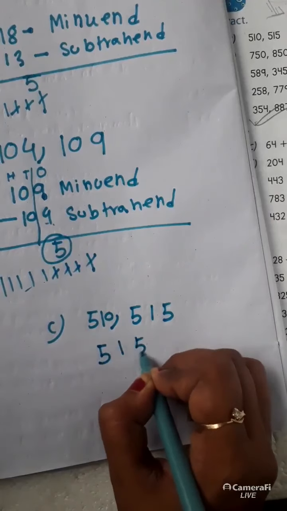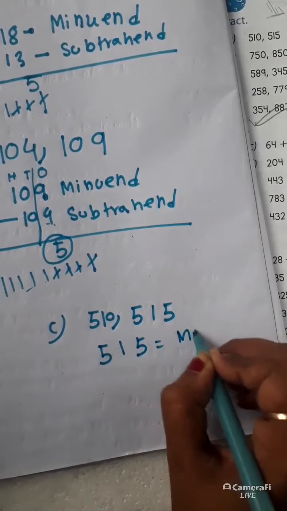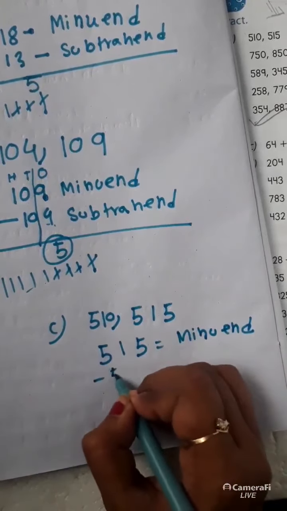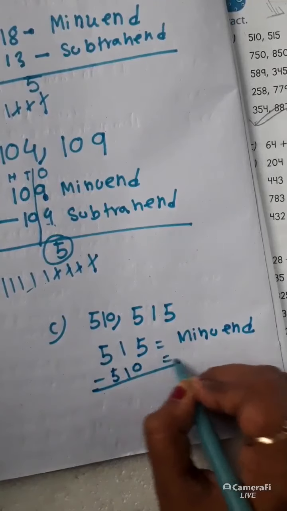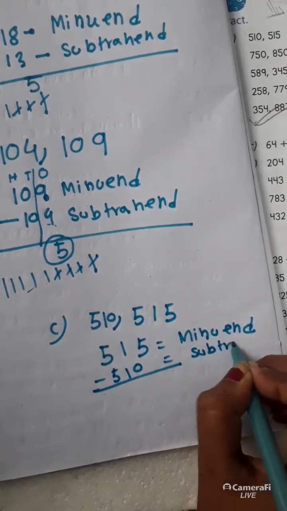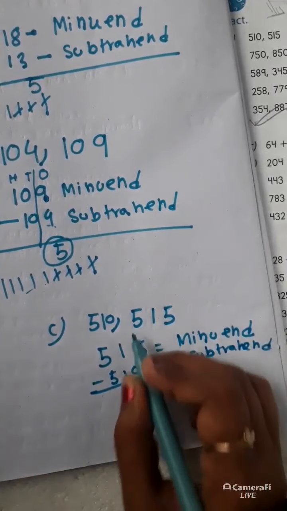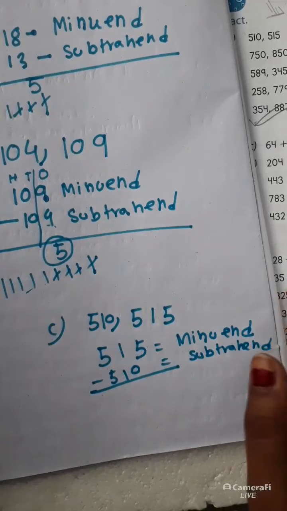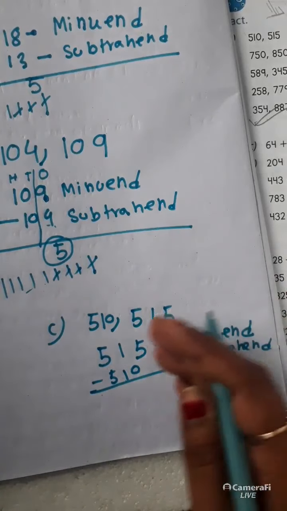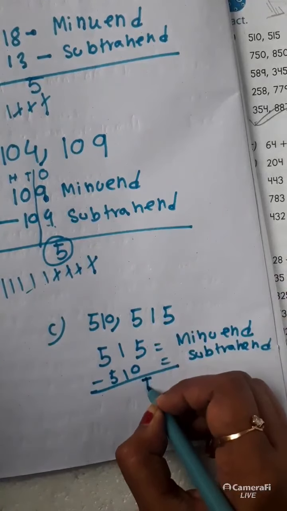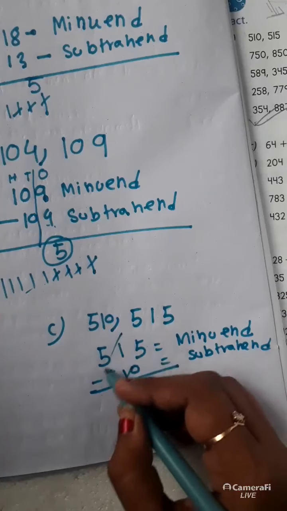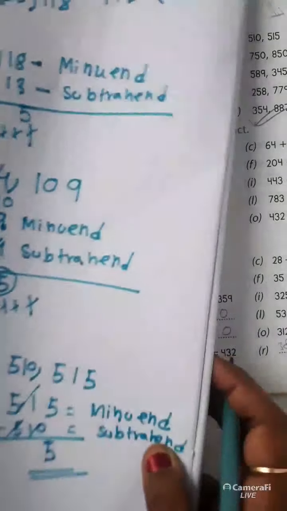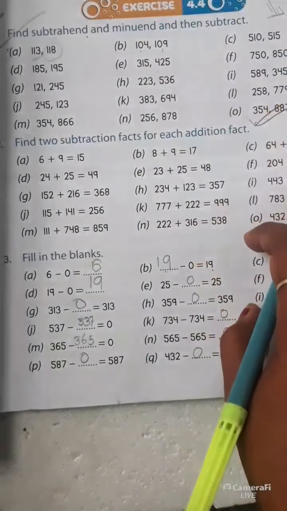So 515 will be minuend and 510 will be subtrahend. Now we will subtract it. 5 minus 0: as I told you children, if we subtract 0 from any number, the answer will be the number itself. So 5 minus 0 is 5, and 1 minus 1 is 0, and 5 minus 5 is 0. So the answer is 5. 5 will be the difference. Like this way you need to complete this.